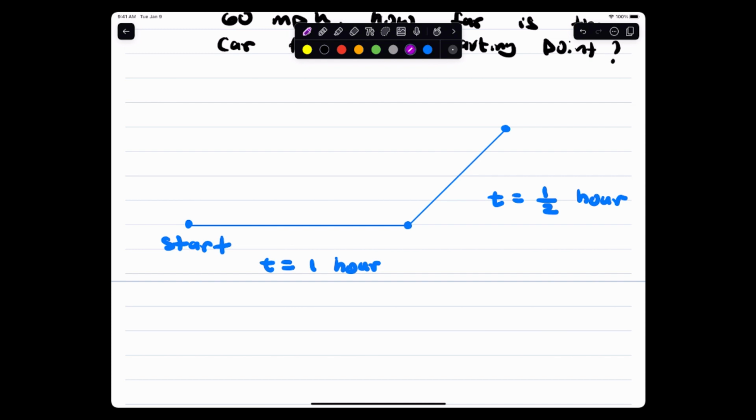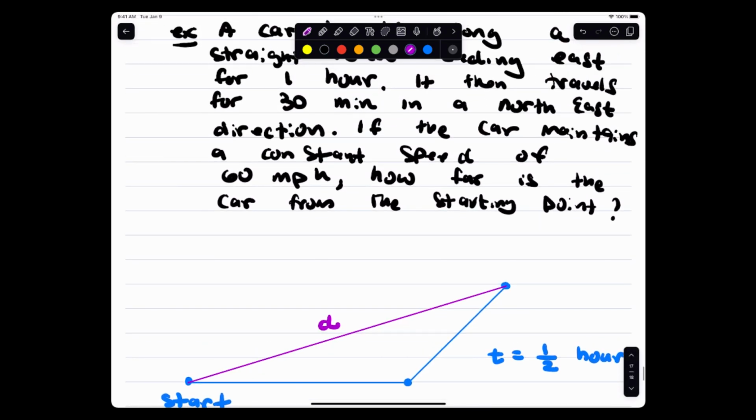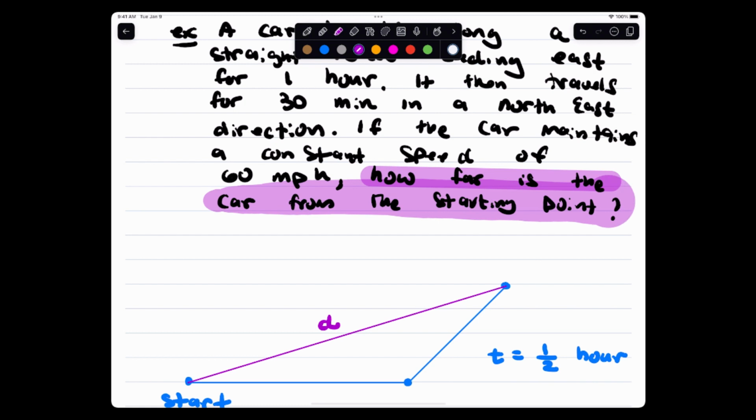Now, I'm going to draw the triangle here because they want to know how far is the car from the starting point. They want to know a distance. How far? How far is the car from that starting point?